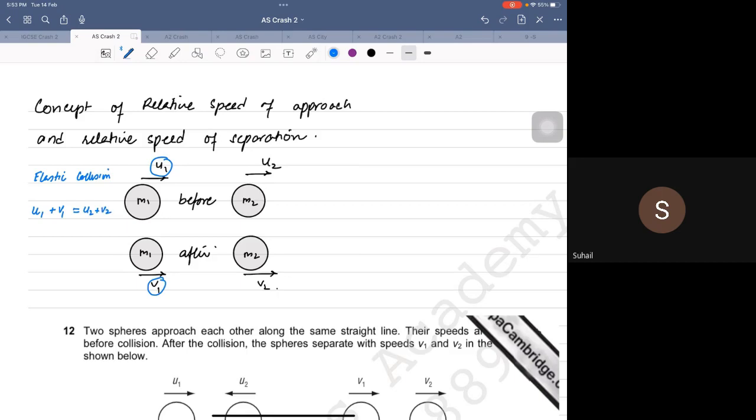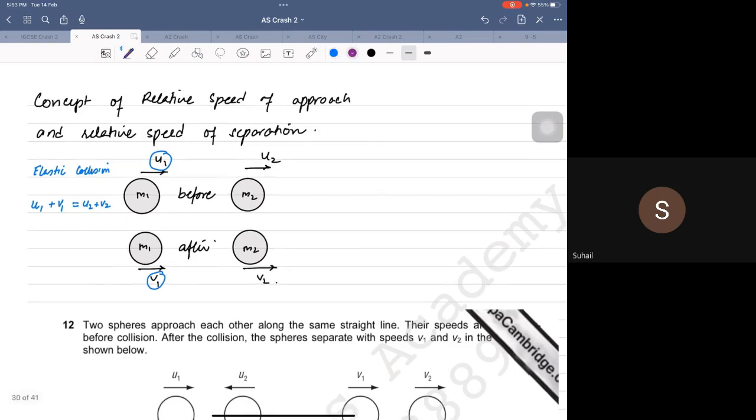What we usually want to remember is u1 minus u2 equals v2 minus v1. So this equation must be remembered. If they both are equal, that means the collision is 100% elastic.